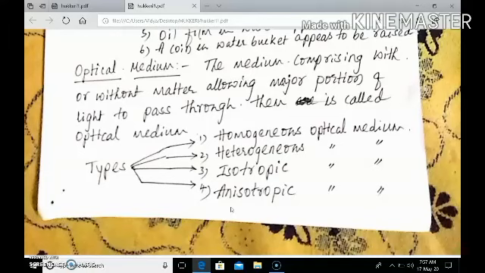The medium comprising with or without matter, allowing a major portion of light to pass through it, is called optical medium. Vacuum is an optical medium of lowest optical density, in which all electromagnetic radiations and all colors of light, even visible light, travel with the same speed.